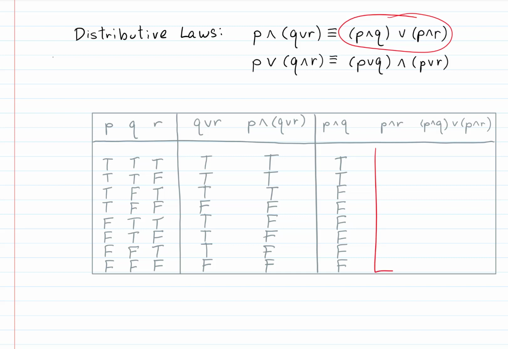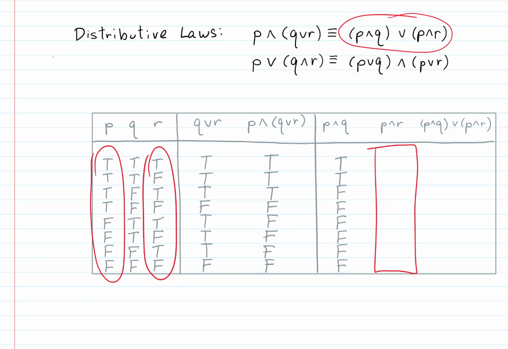Okay, and here I have the conjunction of P and R, which is true if both P is true and R is true, which happens in those two rows, and it's false otherwise.